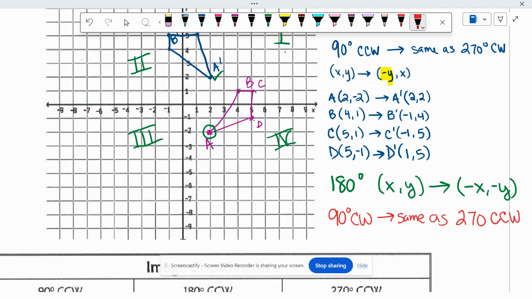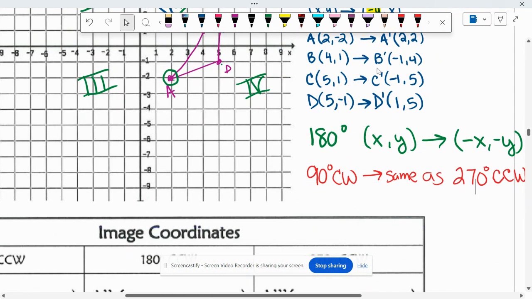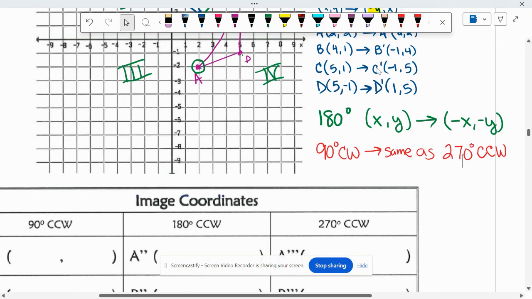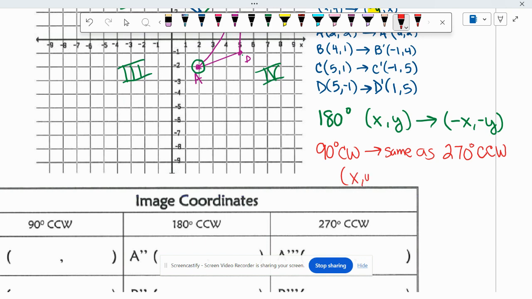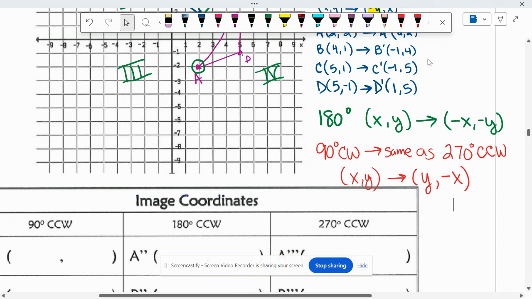Yeah, 270 degrees counterclockwise. 90 degrees clockwise is the same as 270 degrees counterclockwise. Okay. We take our x comma y, and we transform it to y comma opposite of x.